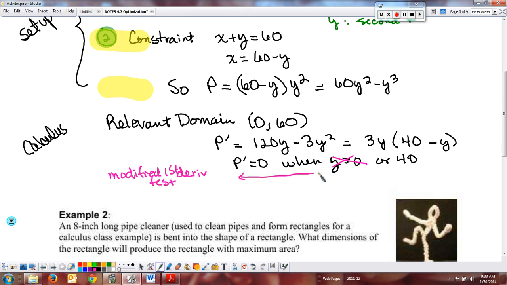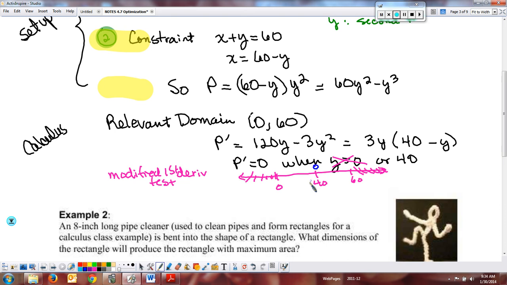If you want to do your little sign chart, that's fine. We can put our 0 and our 40, and then I'm going to put 60 here because I don't care what happens over here. I don't care what happens over here. I only care what's happening in the relevant domain. I say, what do we know about the derivative?